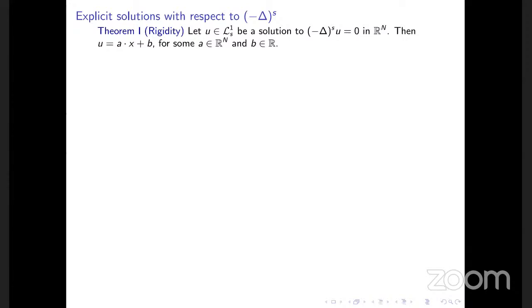These are the questions I was also personally interested in: to find explicit solutions that come with the fractional Laplacian, and sometimes they are very rare, very difficult to get.